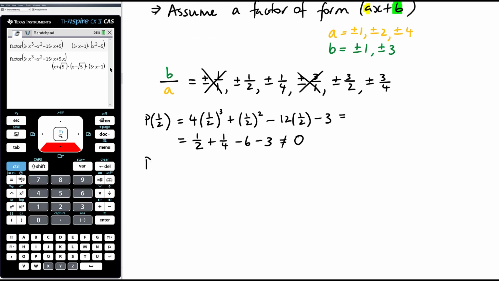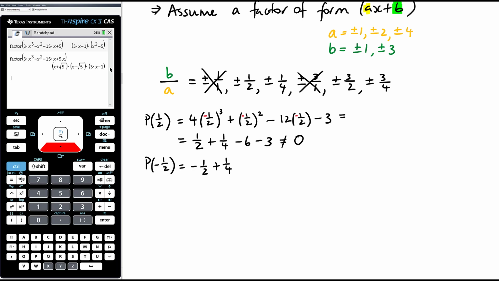Okay, let's have a look at p of negative 1/2. So let's think about what would be different if all of a sudden this was a negative here. Okay, so the cubed term is going to become negative because negative 1/2 cubed is negative 1/8. Okay, so this is going to be negative 1/2. I know that term is now going to be negative. Negative 1/2 all squared will still be the same as positive 1/2 all squared, so that's still going to be 1/4.